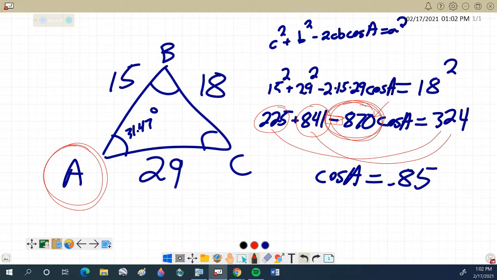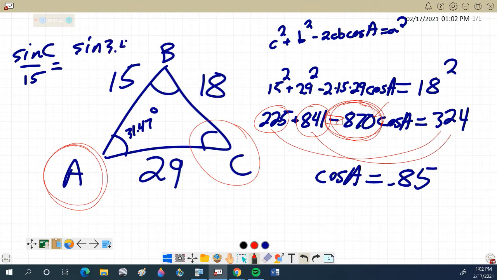Do I want to do all of that over again to find C? No. Use the law of sines. So you never have to use the law of cosines more than once. If you do it once, you will always have enough information to do the law of sines. So if I want C, I'll just say the sine of C over 15 is equal to the sine of 31.47 over 18.